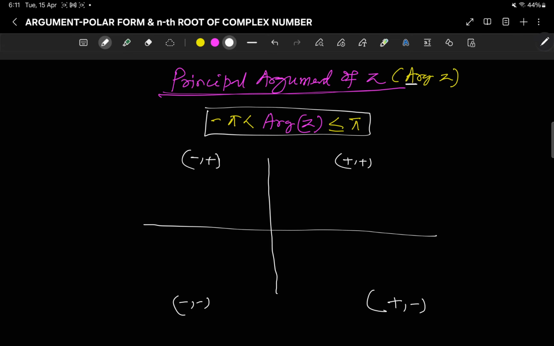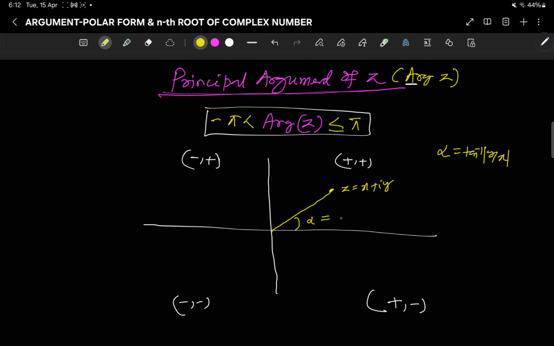Now suppose I take alpha equal to tan inverse of modulus y by x, ignoring the negative sign. If it is in the first quadrant, where z is x plus iy, then this angle is my alpha.